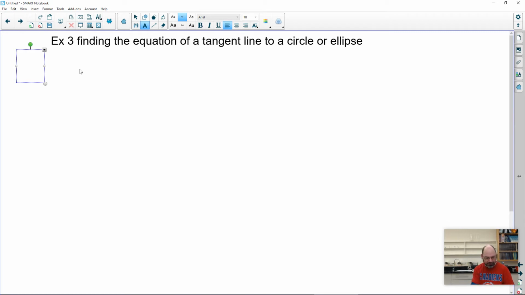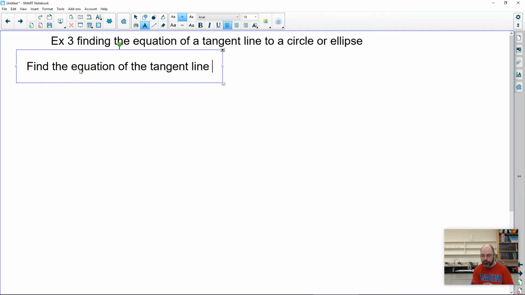So find the equation of the tangent line to the ellipse with, let's say, negative slope.